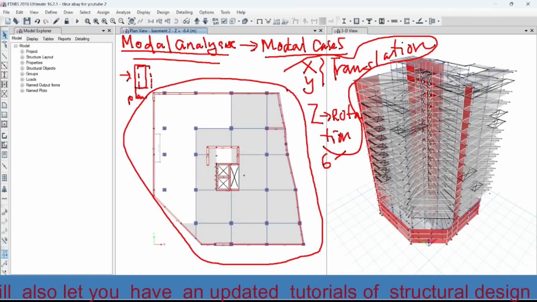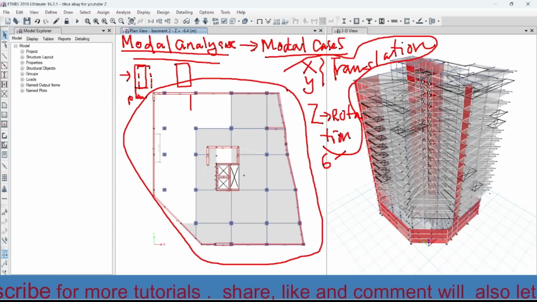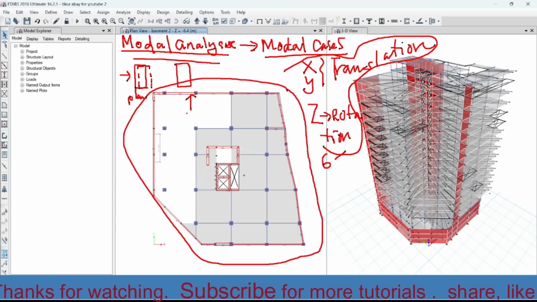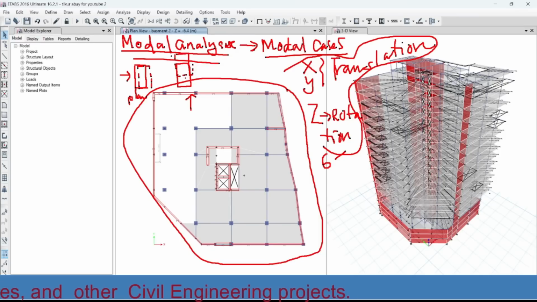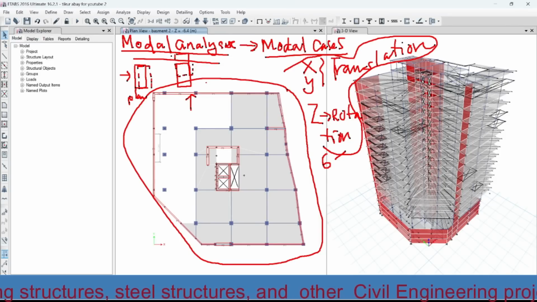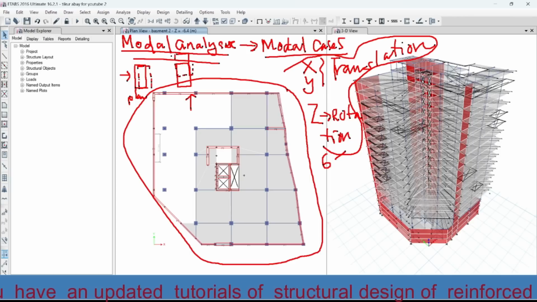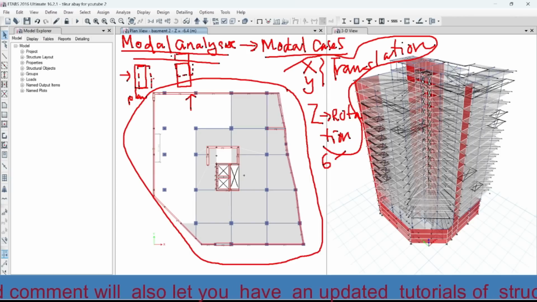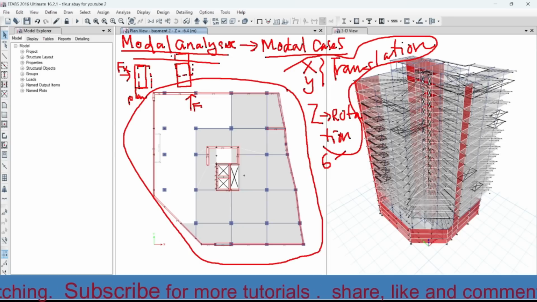And if we apply a force in y direction, our structure will move just like this, which is lateral. So this building will be translated laterally along the y direction, and this building will be translated laterally due to the force, that is, this is Fx and this is Fy.